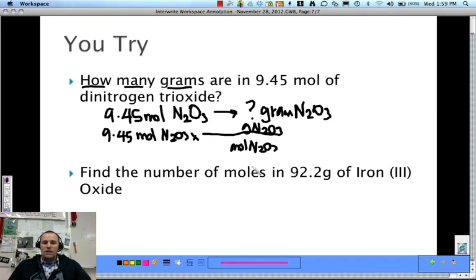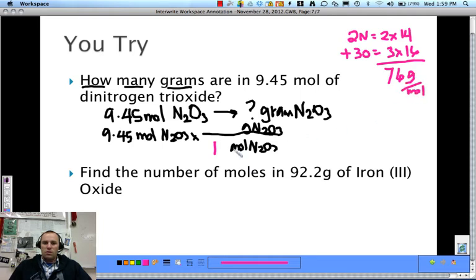You'd look at the periodic table. 1 mole, it's always 1, is equal to, well, you have to add it up. 2 nitrogens, so that's 2 times 14, plus 3 oxygens, that's 3 times 16. So when you add that up, 2 times 14 is 28, plus 16 times 3, you get a grand total of 76 grams per mole. So 1 mole is equal to 76 grams.